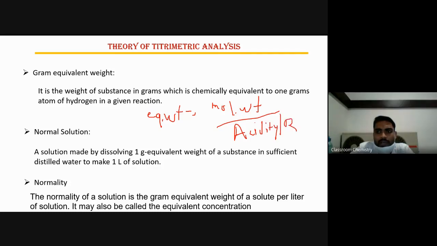This is the formula. What is the formula of equivalent weight? Equivalent weight is equal to molecular weight divided by acidity or basicity.